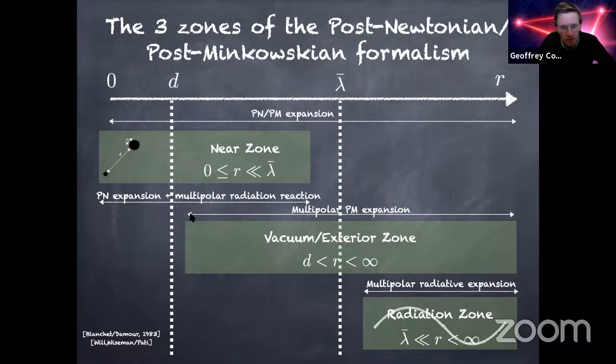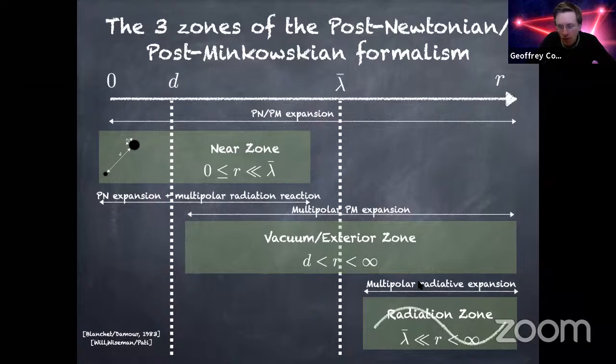Away from the system, we solve the vacuum Einstein's equations. So it's called the vacuum zone, or the exterior zone to the system, so r larger than d. And in this zone, we can do an expansion in G, the Newton constant parameter.